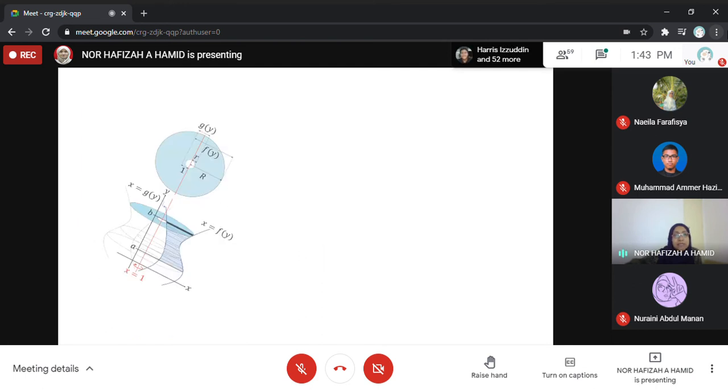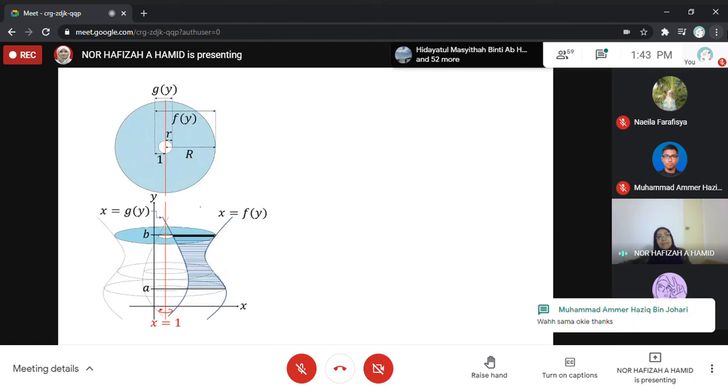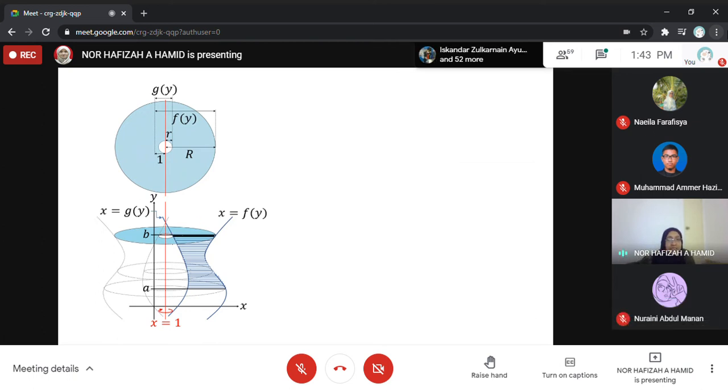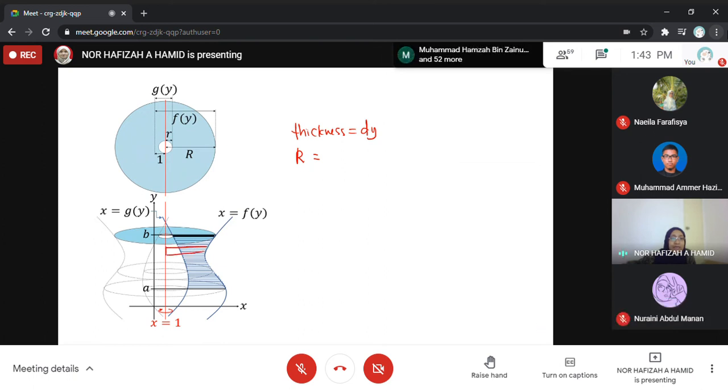Next untuk case 2. Case 2 pun ni dipanggil, dia ambil semua example in terms of washer method. Tapi dia juga boleh apply untuk this method. So untuk case 2 pun washer sebab ia ada gap between shaded region dengan axis of revolution. So strip dia kita pakai horizontal and thickness dia is dy. Lepas tu you kena determine the outer radius. Outer radius you ambil daripada axis of revolution sampai ini.